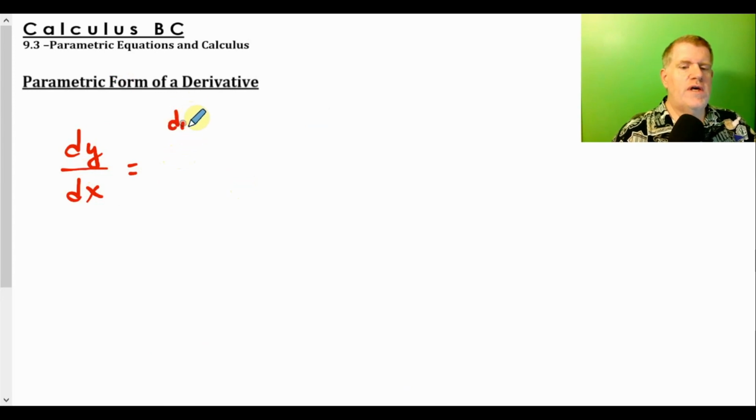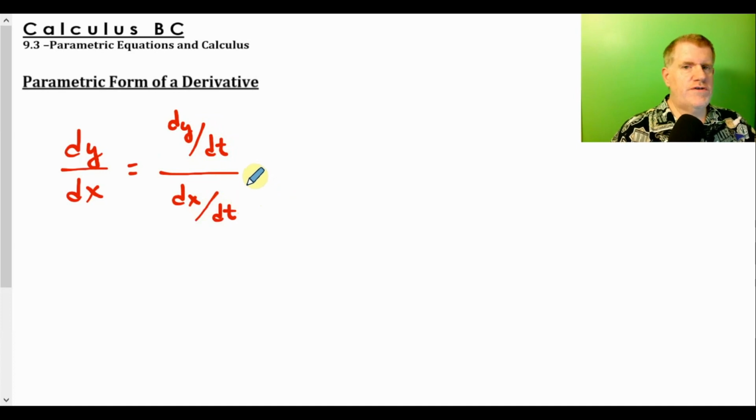In essence, all we're really doing is taking the derivative of y with respect to t over the derivative of x with respect to t. So a first derivative is pretty simple. You just take the derivative of y and the derivative of x, you have a ratio, simplify it if you can, and you're all done.